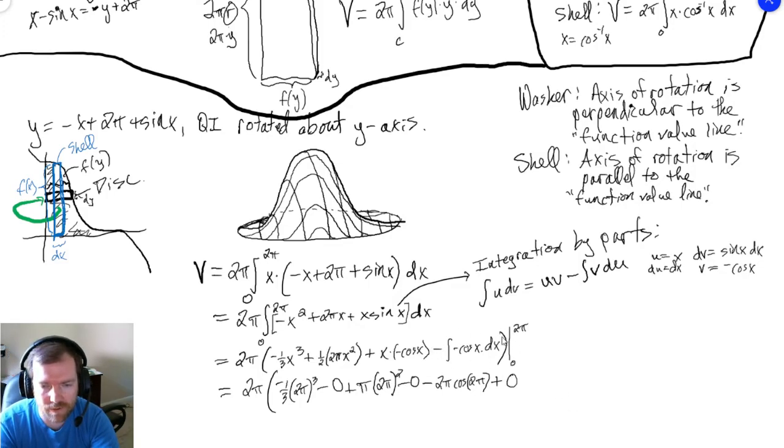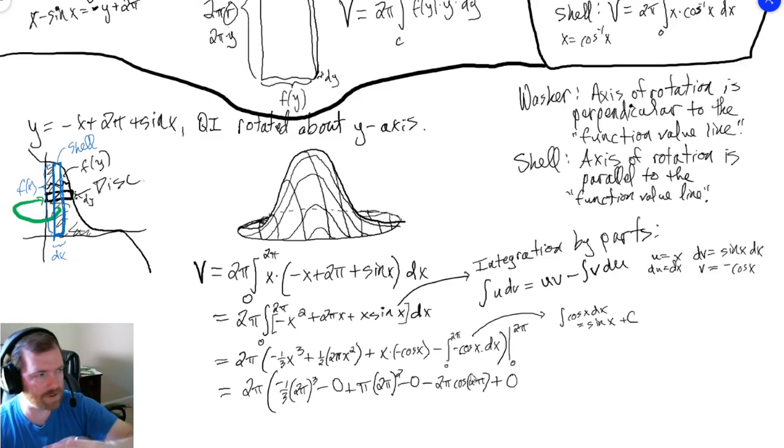Alright, and then this integral here ends up being a plus integral of cosine of x dx from 0 to 2 pi. Notationally, that should be there, but at the same time, we're evaluating it at the end, so we can argue that it's fine. Alright, so this is the integral of just cosine of x dx, which is going to be sine of x plus c, which again, that's indefinite, but this is definite, so we can ignore the c part.